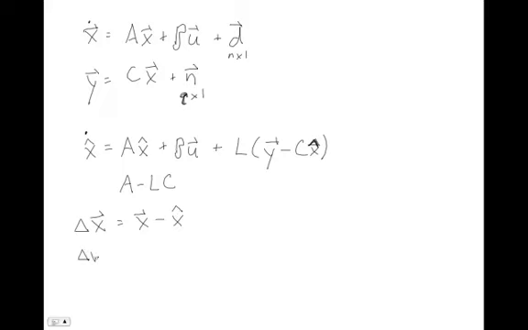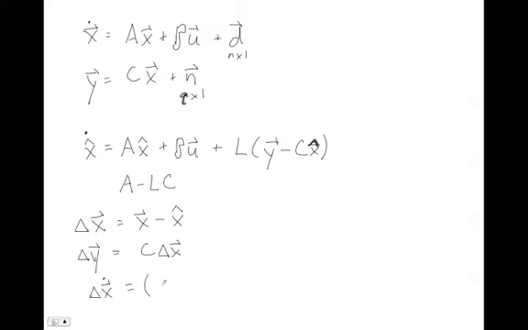I'm just going to define this error in y the same way, so that it is just equal to C times delta x. So it's basically this same term here. It turns out if you go through the math and plug all of these things into one closed loop system, and you write an equation for the dynamics of this error in state, remember, this variable delta x is the error in our states, and we can watch that error evolve in time just like any other signal.